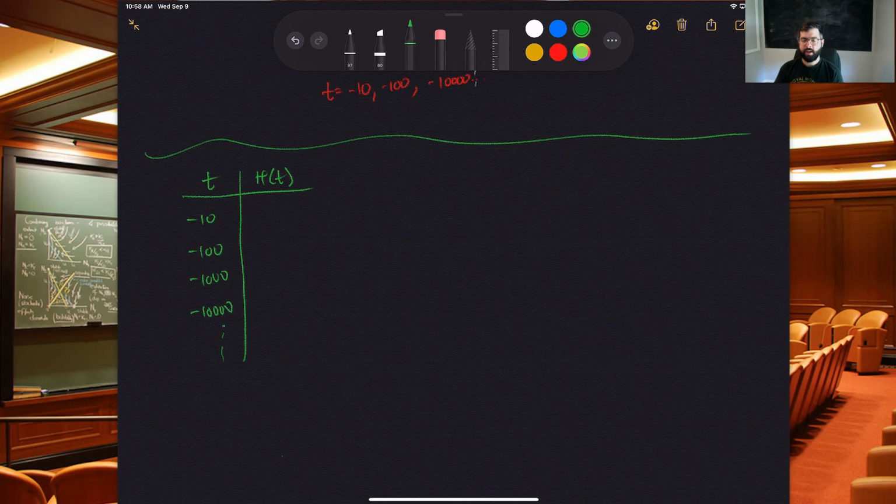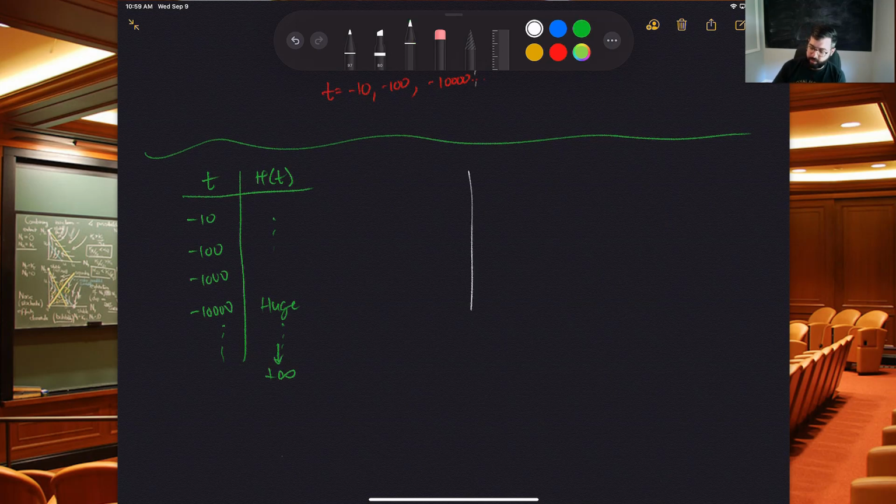And looking in the calculator, what happens to your outputs? Well, I don't have the exact numbers offhand right now, but they should be getting huge. Huge and off to positive infinity, right?